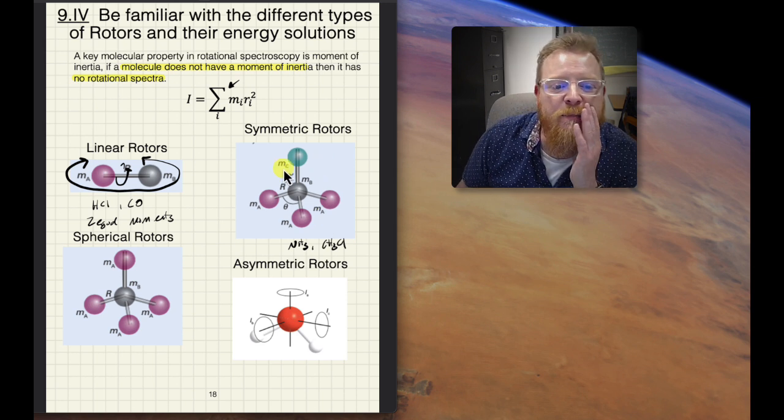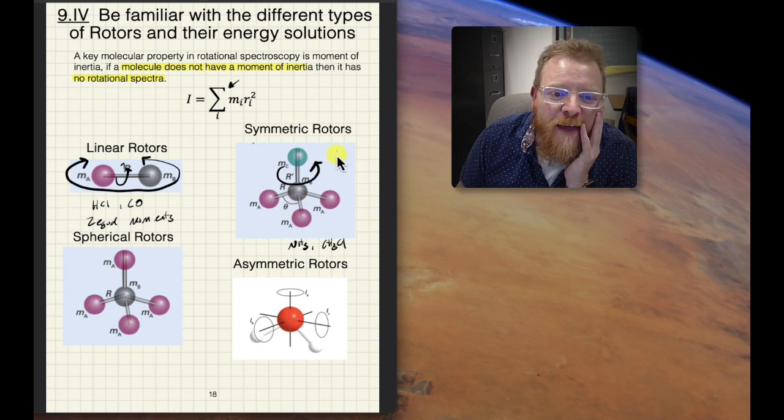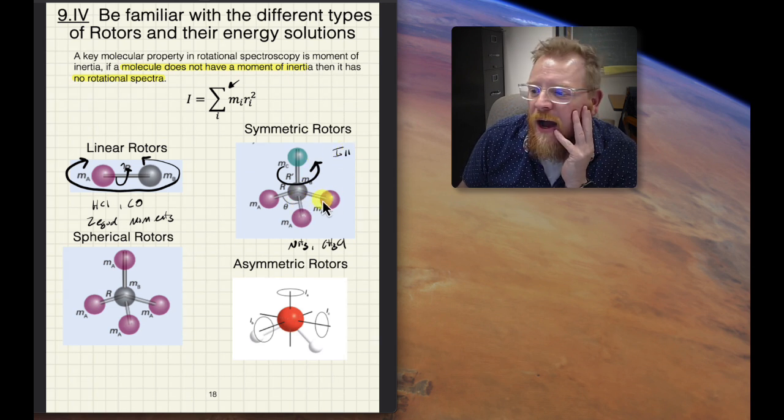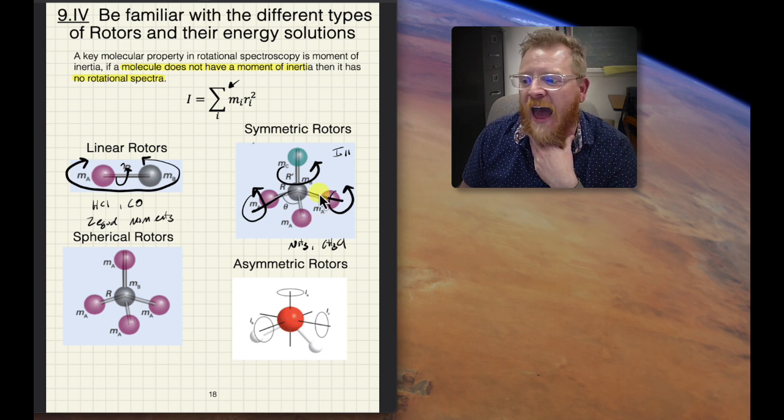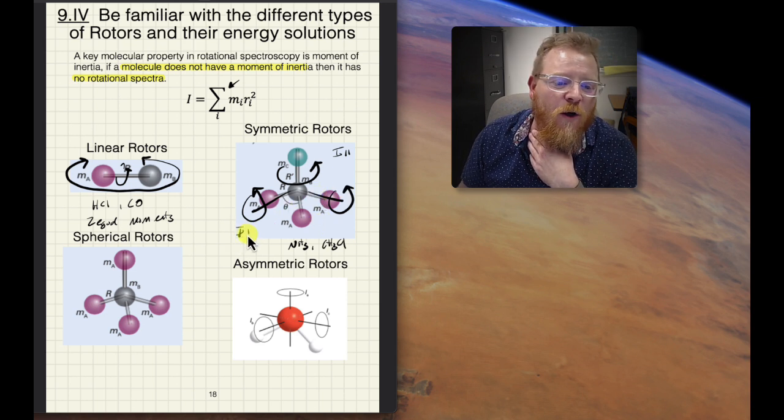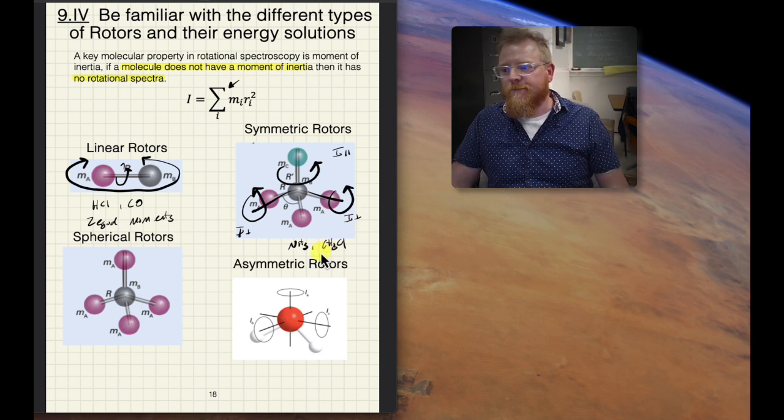We can see based on this picture, as it rotates around this way, that is often referred to as the I parallel, or it could rotate around this axis, or around that axis. And we typically call those the I perpendicular.